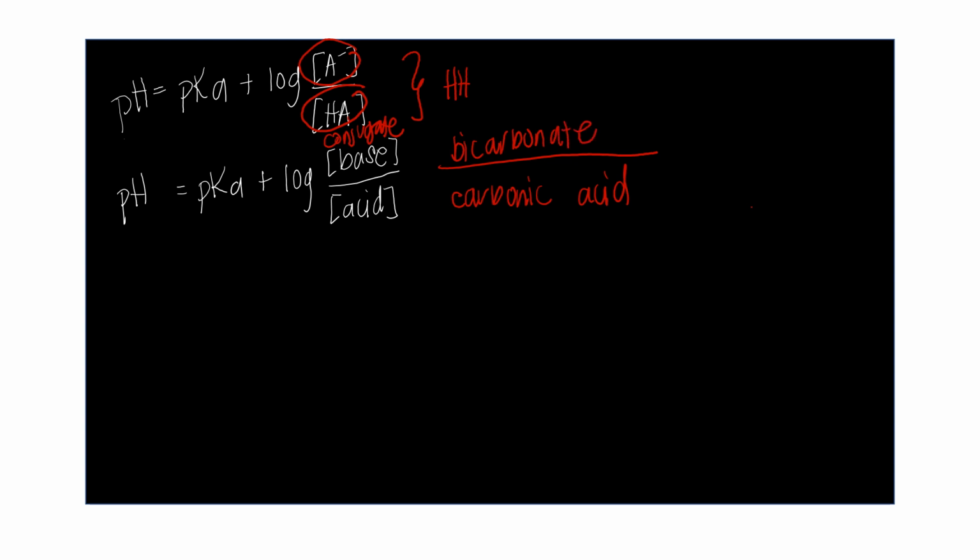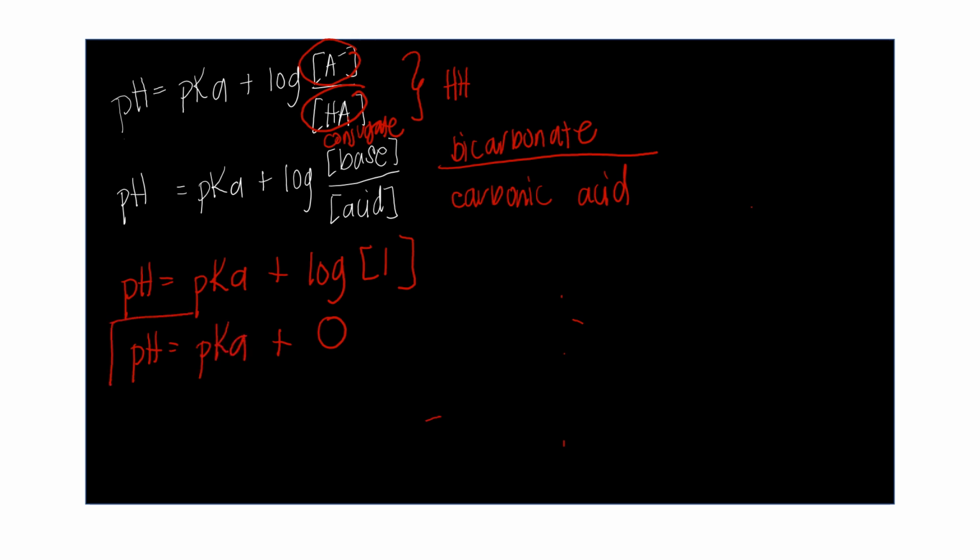So what we want to do to make it a buffer is that pKa must be equal to pH. So how will we do that? If you put log of 1 into your calculator, that will give you 0, and this one will be equal to pKa.